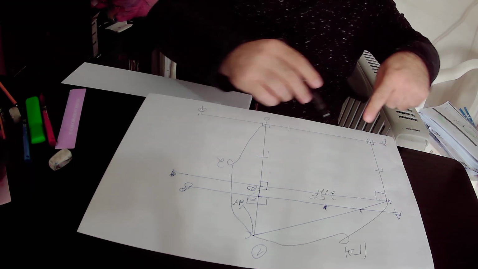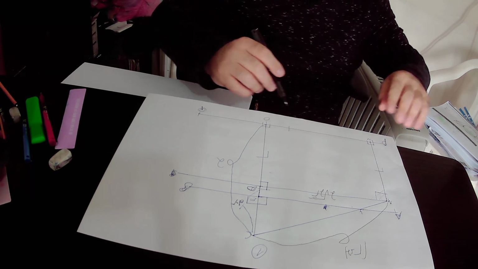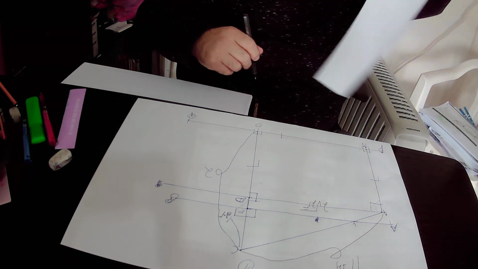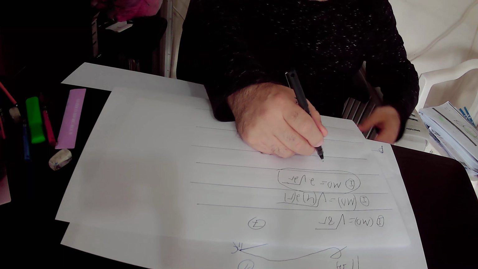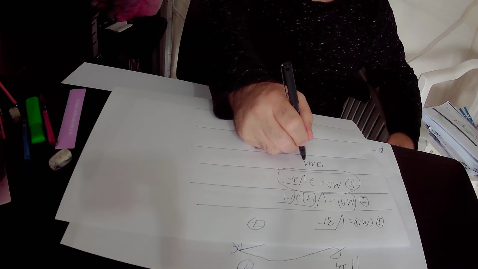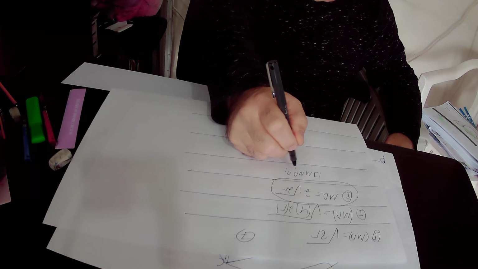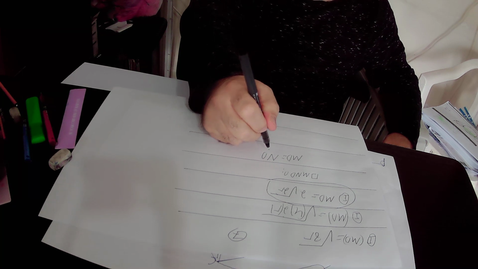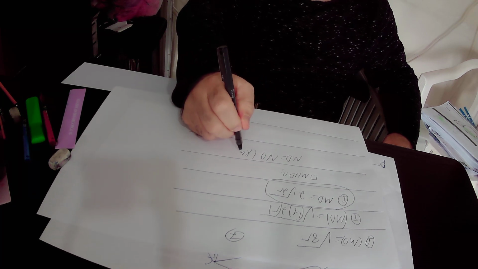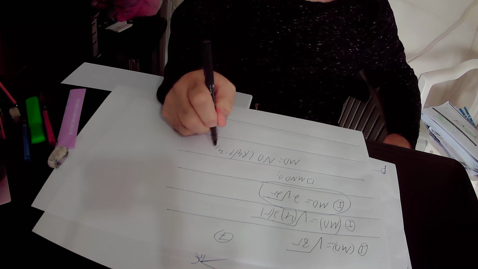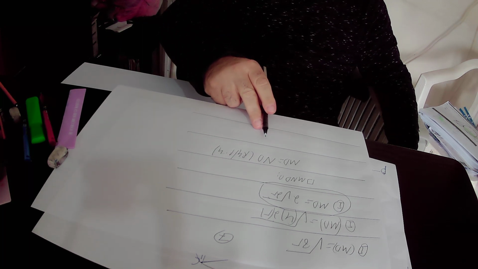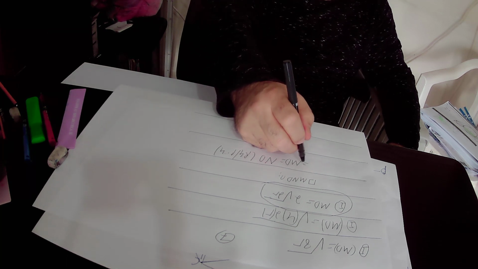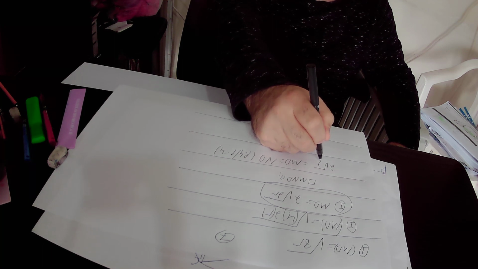That is to say, MD equals NO. According to rule number 4, if we relate to quadrilateral MNDO, MD equals NO, but we have already found out that MD equals 2 times the square root of 2R.